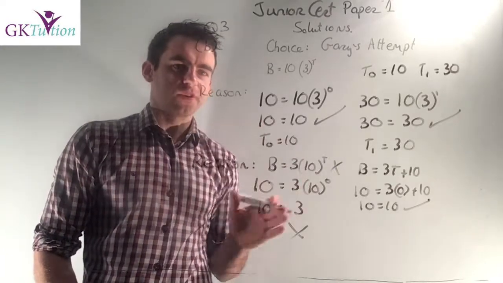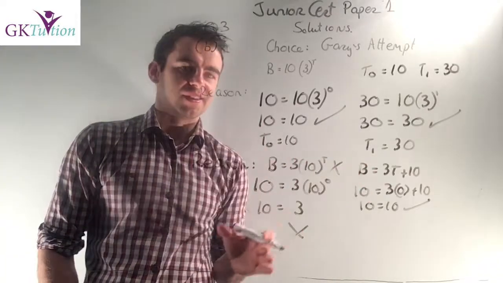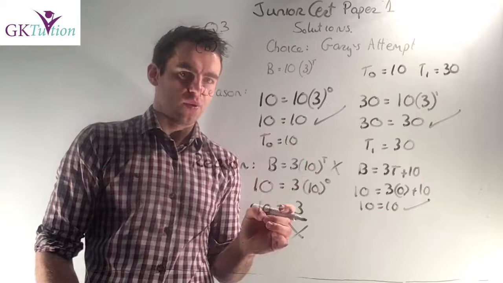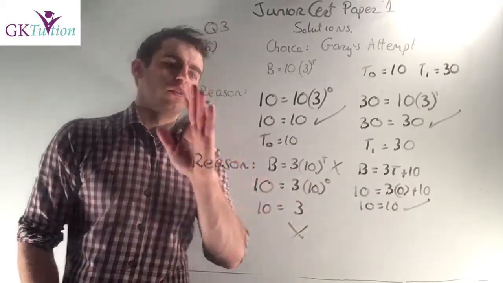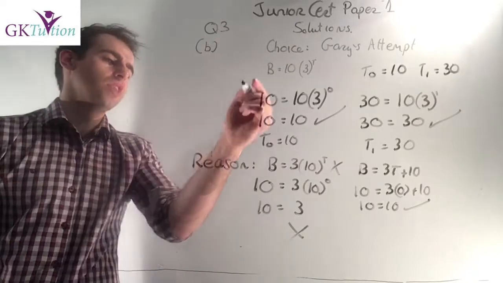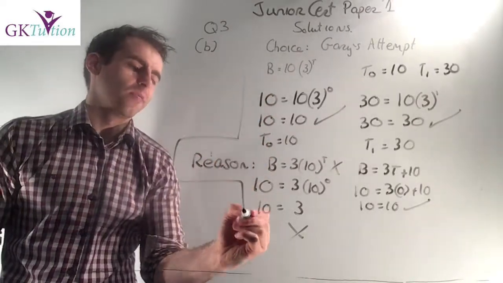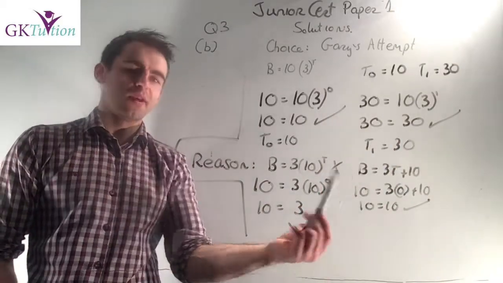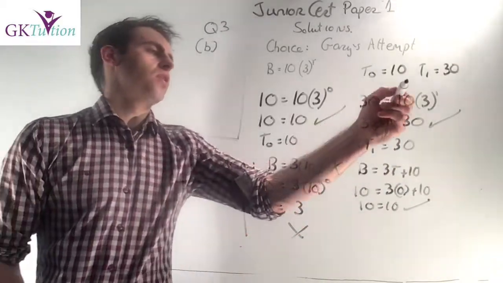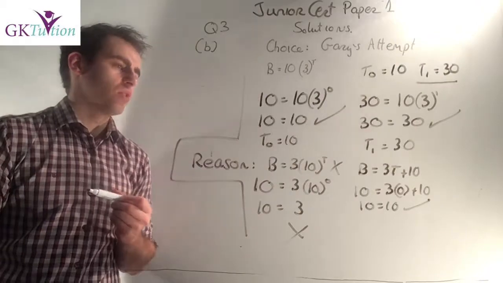But just because the first coordinate fits in doesn't necessarily mean that that's the right equation. I need to verify it by subbing in 2 coordinates. So let me do it over here now. Supposing I continued that one on over here. So far I've verified that one of the coordinates is correct. I now want to verify if another one is. So let's now take t1 is equal to 30.